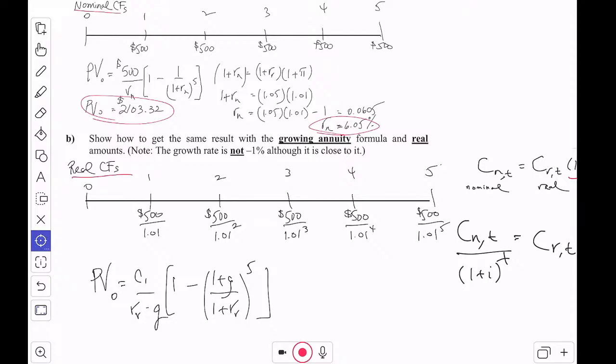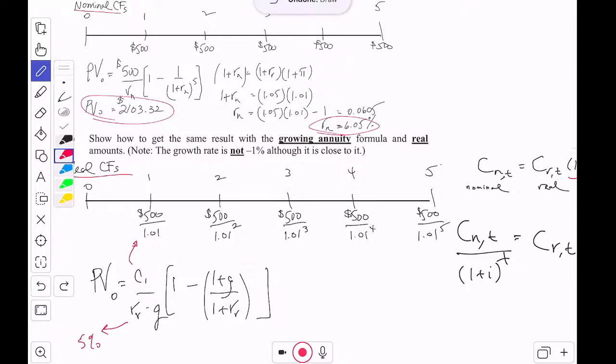C1 is this amount here. I know what R is because it was given to me as 5%. What is G? I'll put that as T, and we know T is 5. So the only thing we don't know is G. What is G?